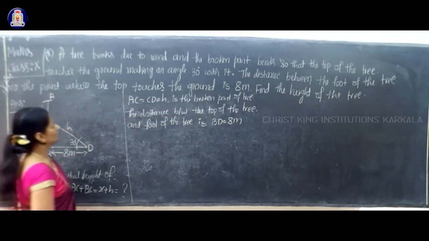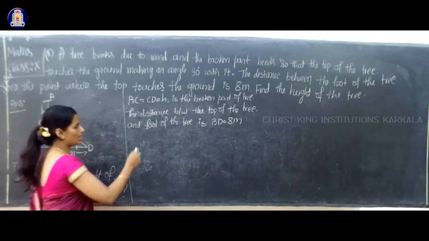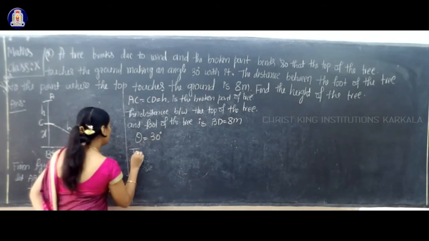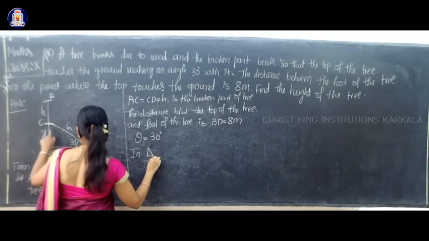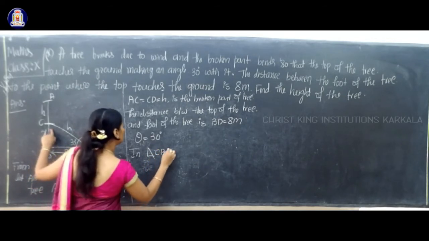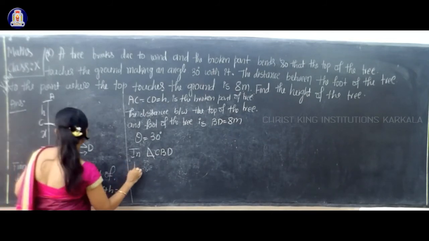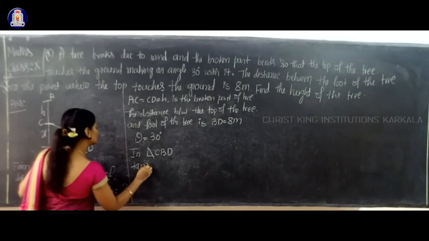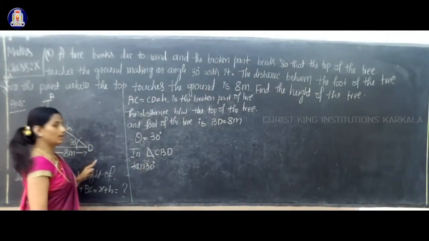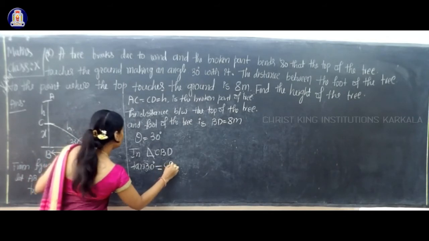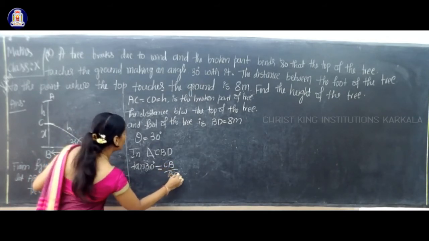Next, the 30 degrees angle, so theta is equal to 30 degrees. Now in the right angle triangle, which one is it? CBD. So I will use this one first. I need X, that's why I use this one. So tan 30 is equal to CB divided by BD.